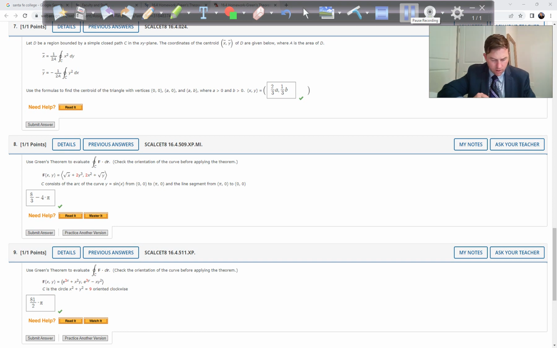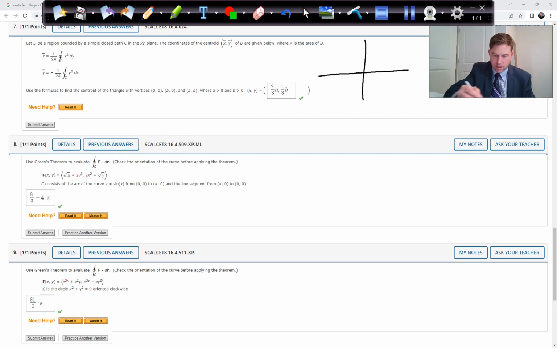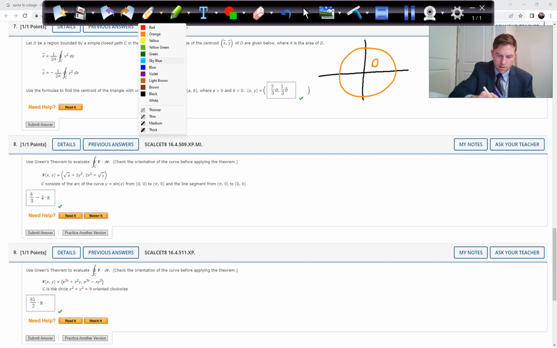Check the orientation of the curve first, and we have F of x, y is this complicated looking thing. C is the circle x squared plus y squared equals 9 oriented clockwise. So this truly is a circle centered at the origin with radius 3. So this is D. This thing is oriented, what did it say?